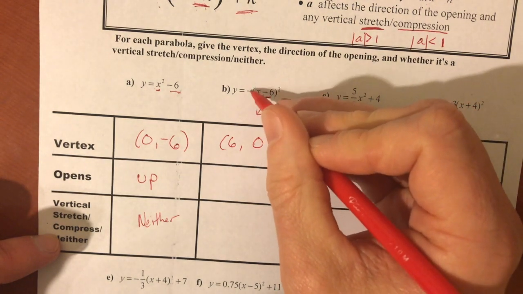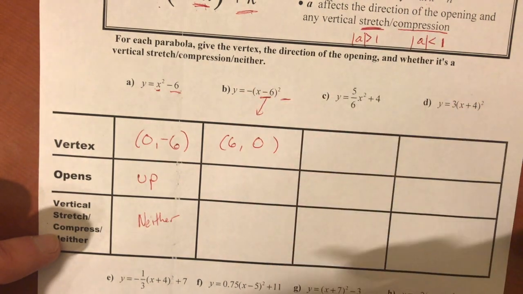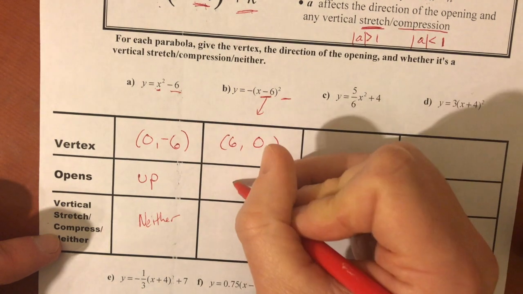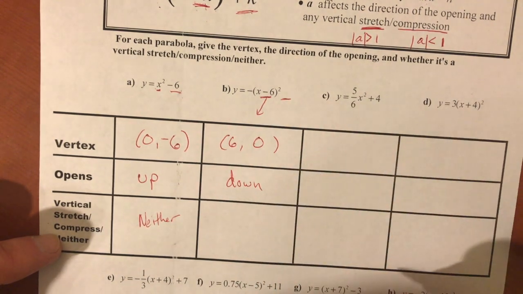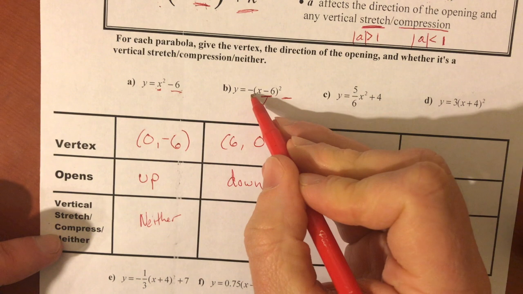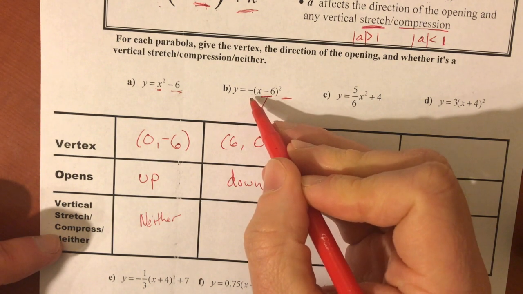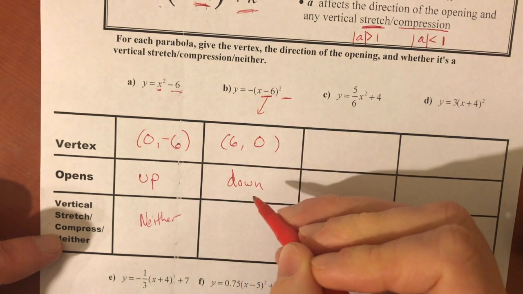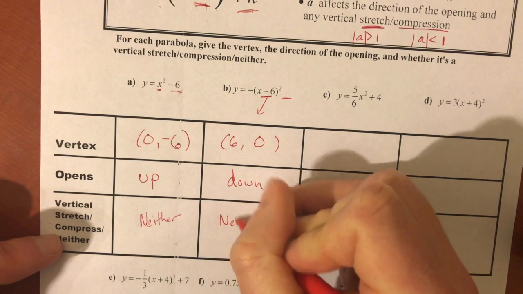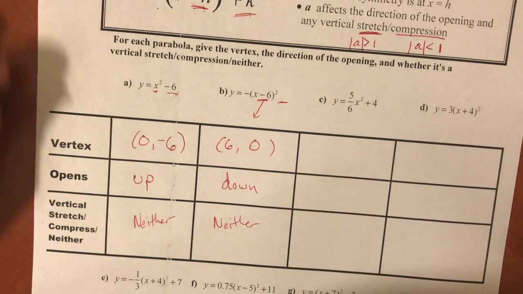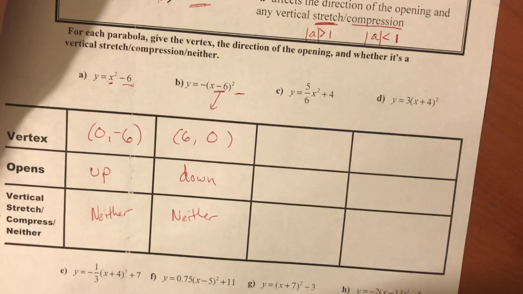A negative out in front, and that's really a negative 1 coefficient right there. It's negative, so it opens down. It's a reflection over the x-axis, but it's still just a 1, so we haven't changed the stretch or compression of it. So it's still neither, only if it's something other than 1 or negative 1, like in this one you're going to see.